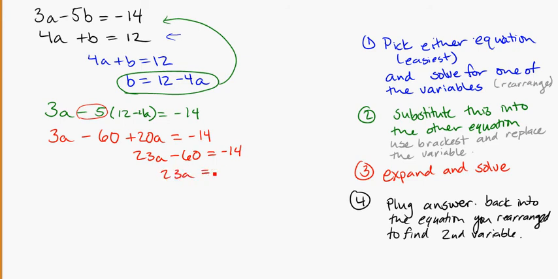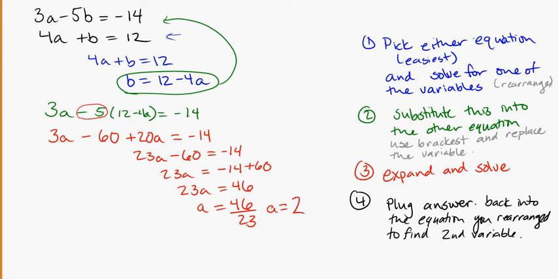I'm going to take the minus 60 and add it to the other side. 60 minus 14 there, so we get 23a is equal to 46. That's 23 times a, so I'm going to divide to get rid of it. A is equal to 46 divided by 23. So a is equal to 2.